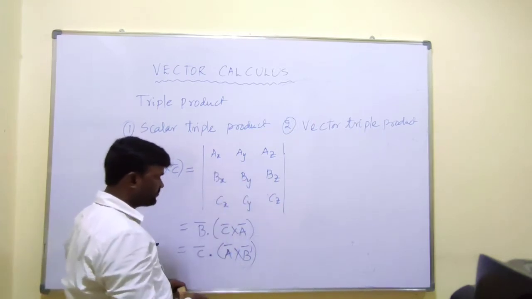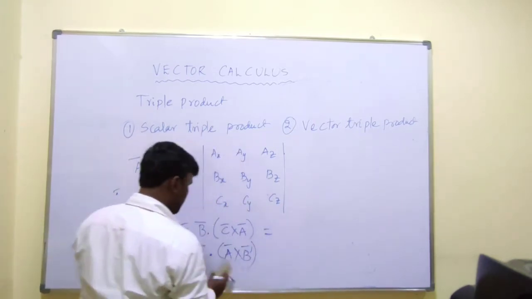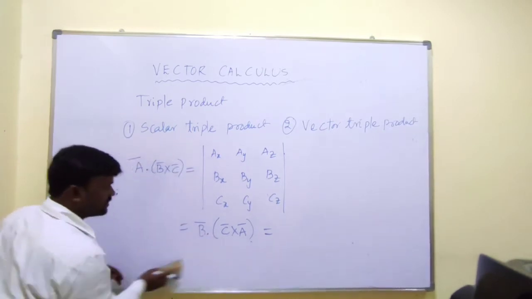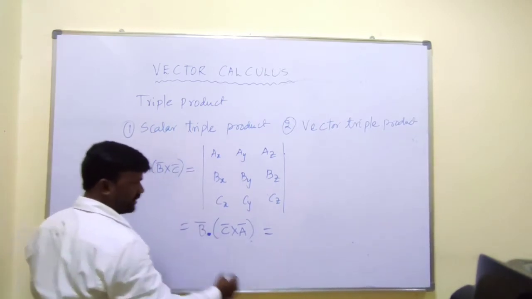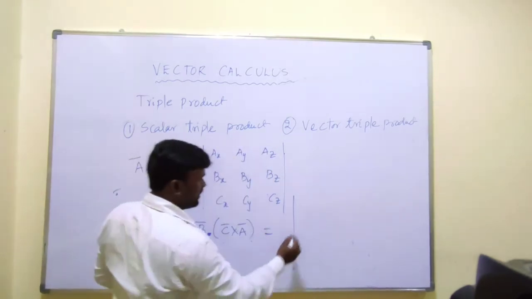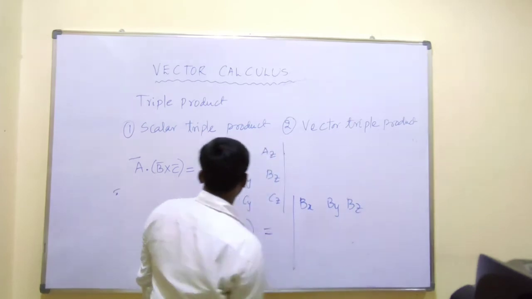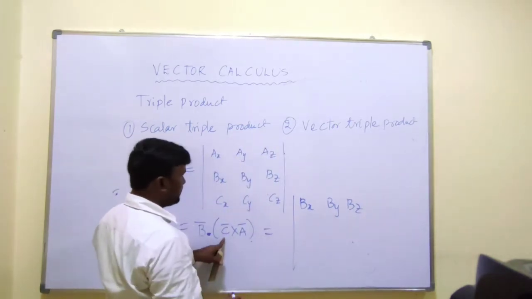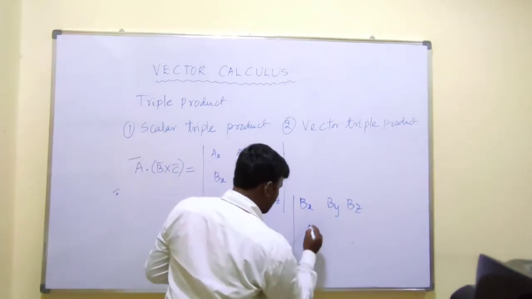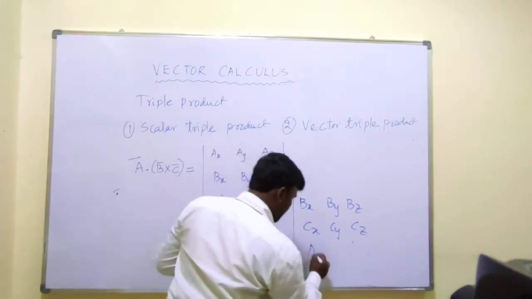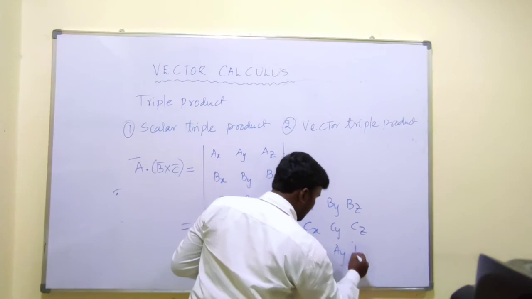Suppose I take b bar dot c bar cross a bar. Here we can apply this formula: the first row is bx, by, bz, the second is cx, cy, cz, and then ax, ay, az.